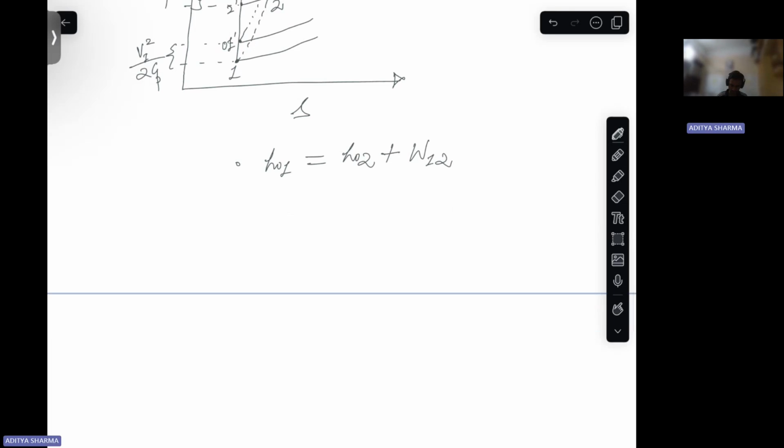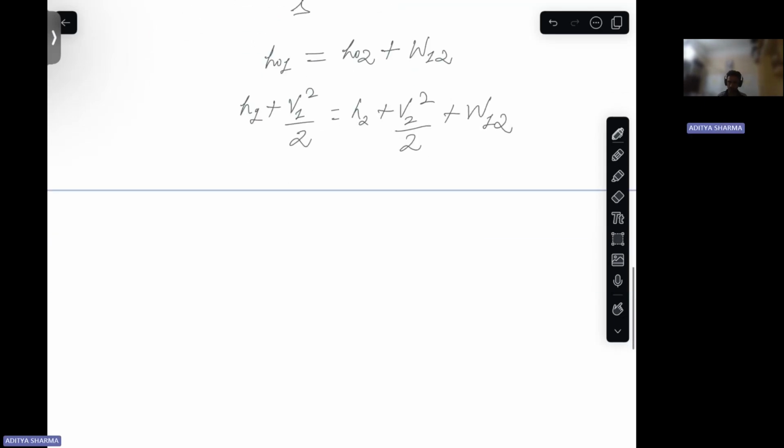And if you have to split this, H1 plus V1 square by 2, and this is H2 plus V2 square by 2. So from here, now compressor work can be calculated.